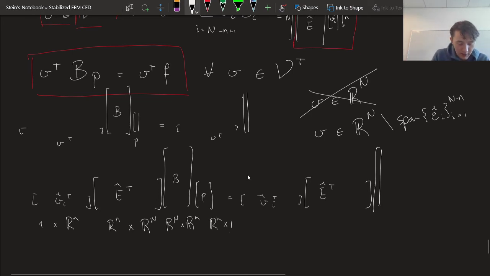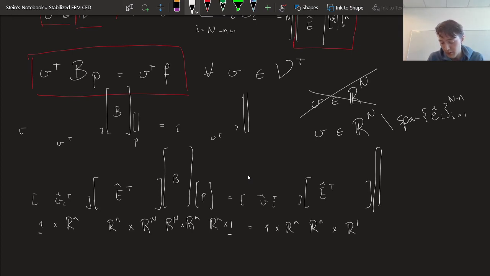So it gives a multiplication that ends up with 1 by 1, and on the other side 1 times small n times small n times big N times big N times 1 also gives me a 1 result here.